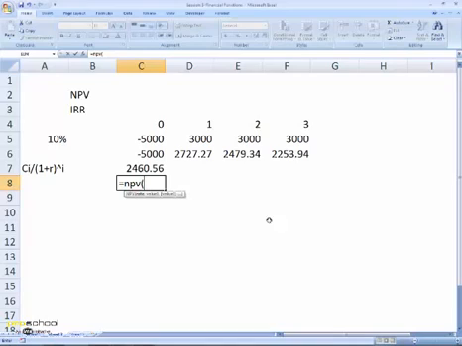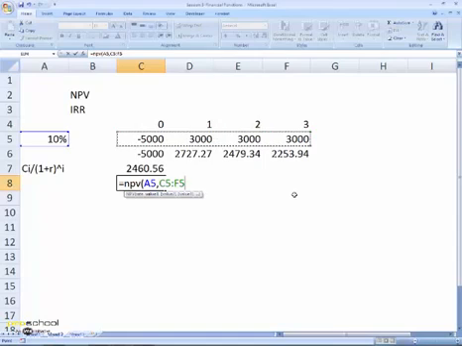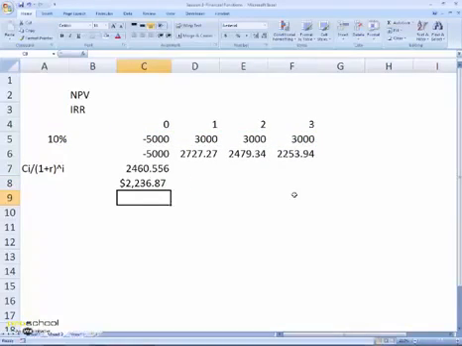I give the bracket. It first asks me the rate. The rate is this value, the discount rate, comma. It will now ask you value 1, value 2, value 3. This is the undiscounted cash flow, which is this cash flow. I choose this, I close, and you get a value which is 2236.87.